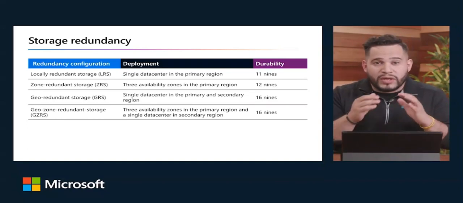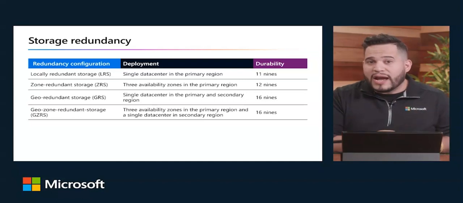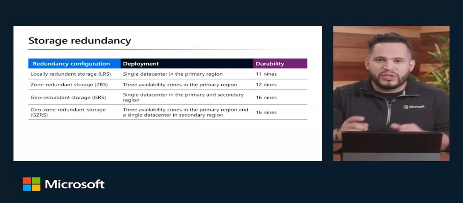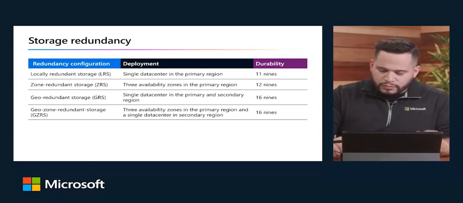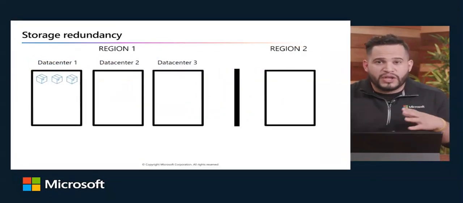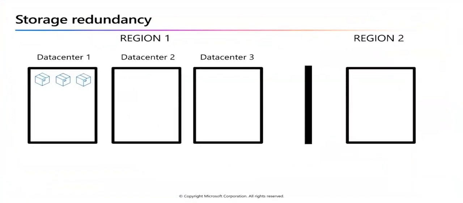And the way that those 3 copies are going to be stored and organized depends on what redundancy option you select. So, for example, if we start with locally redundant storage, also known as LRS, here, as you can see, you have 3 copies of your data in a single data center in a single region.